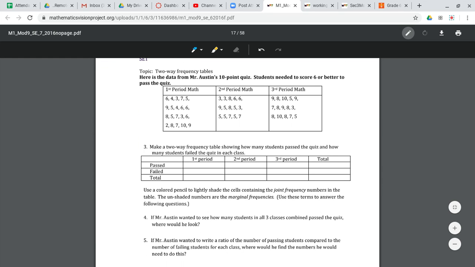Okay, so for first period, we're looking at 6 or higher. So we've got a 6, 7, so there's 2, 3, 4, 5, 6, 7, 8, 9, 10, 11, 12. So it looks like we have 12 for first period that passed.